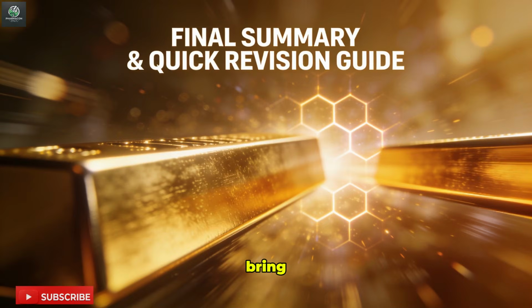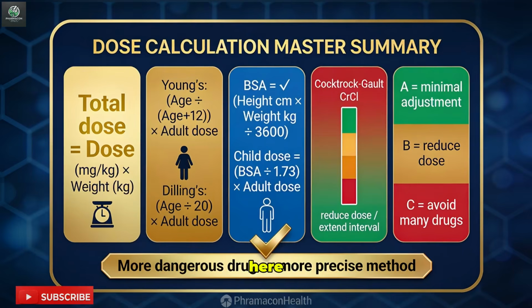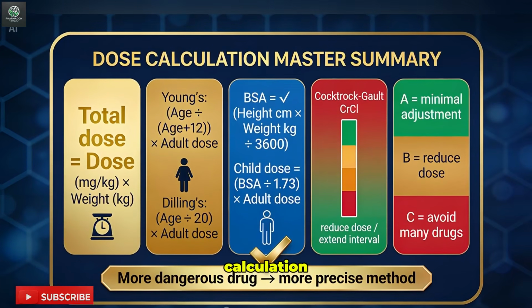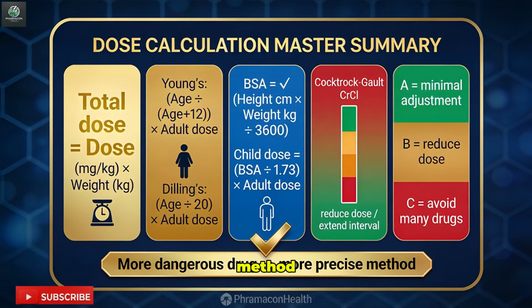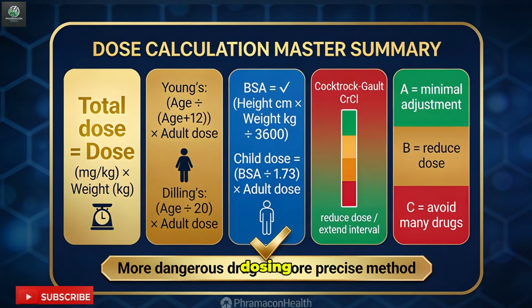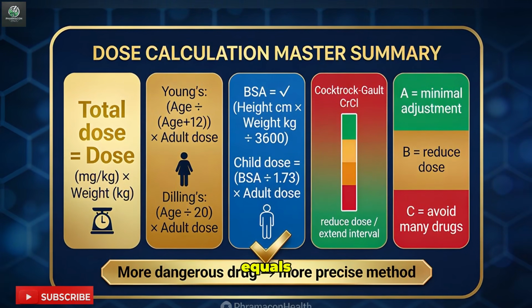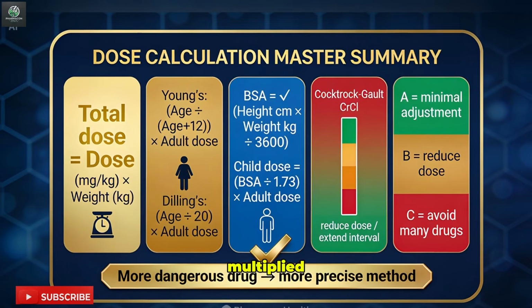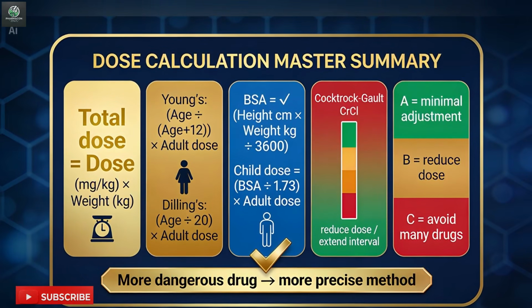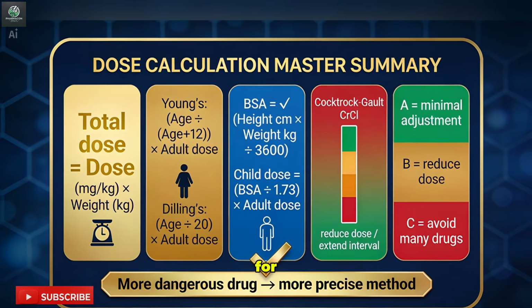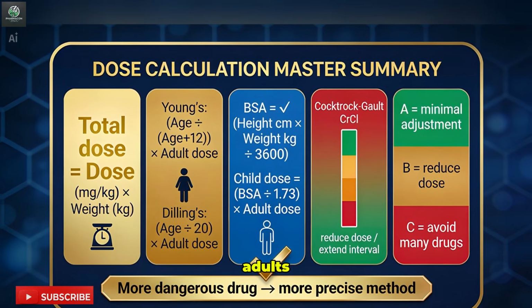Let us now bring everything together in a clear, comprehensive summary that you can use as a quick revision guide. Here is your complete summary of dose calculation in pharmacology. Method 1. Weight-based dosing. Total dose in milligrams equals dose per kilogram multiplied by body weight in kilograms. This is the default method for most drugs in both children and adults.